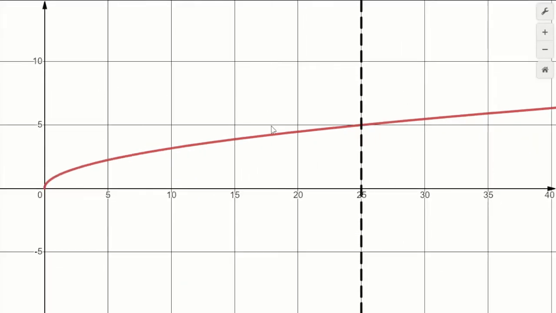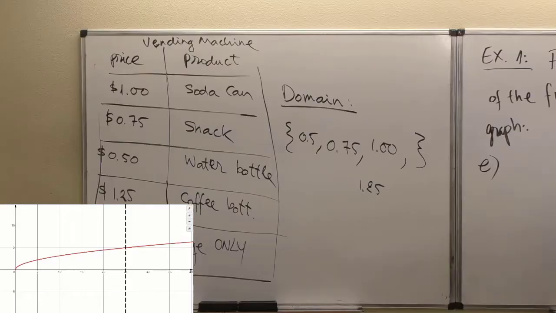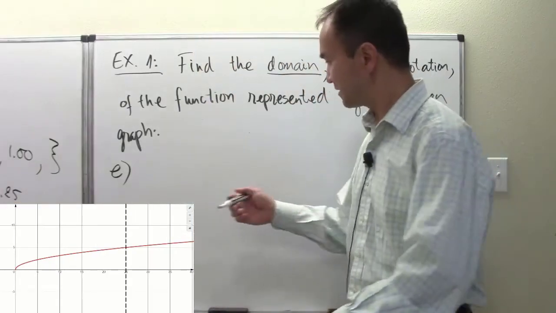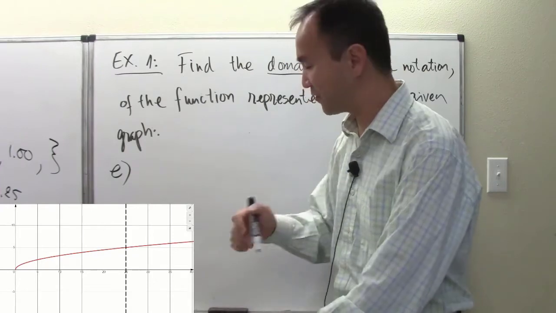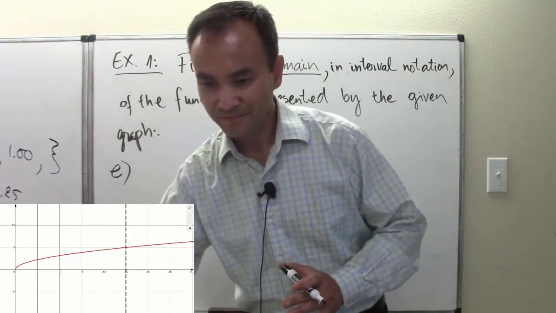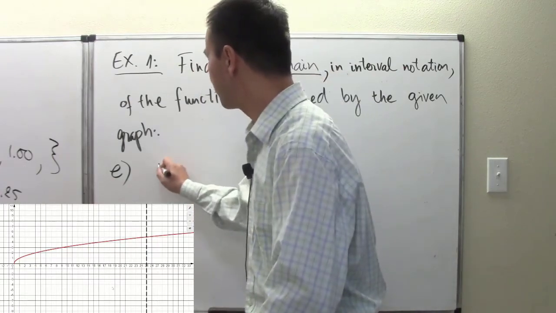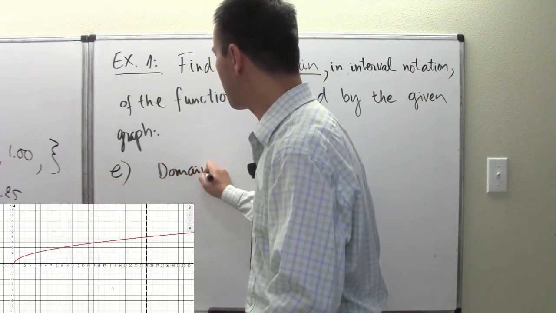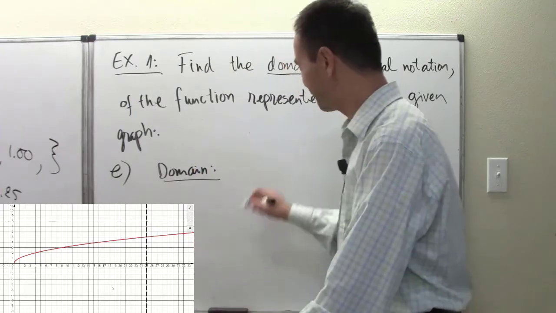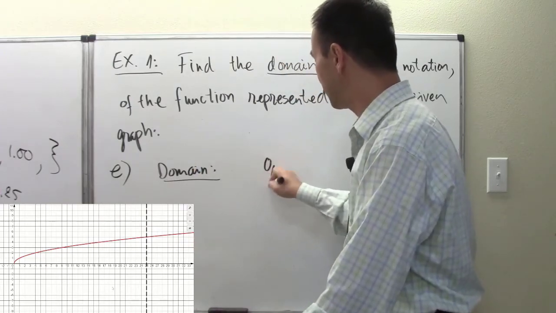And so now, in other words, for this function right here, the domain of this function is anywhere greater than 0.